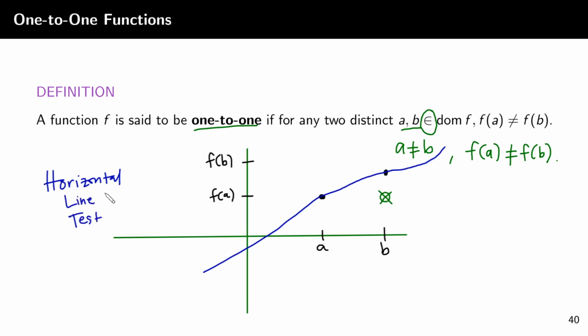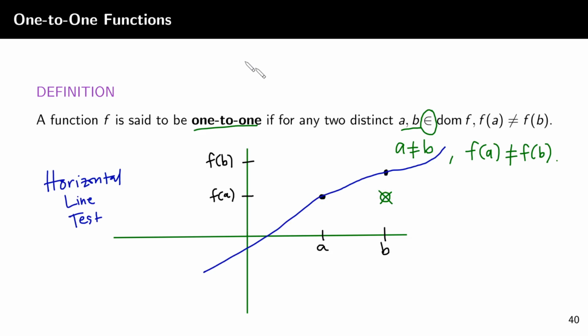So, according to the horizontal line test, dapat, if you draw any horizontal lines, it should intersect the function at most one point. Okay. So, we avoided this particular horizontal line intersecting the function at 2 points because we restricted that yung value ng f of b dapat iba sa value ng f of a.